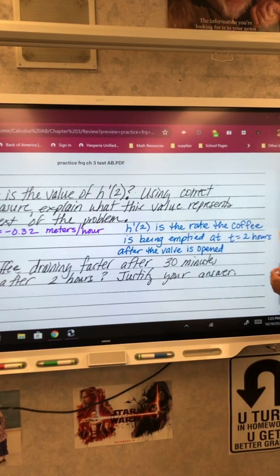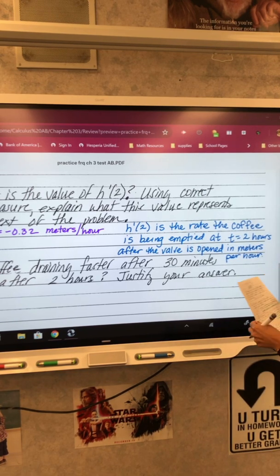After the valve is opened and it's in meters per hour. Okay. Actually, let's also mention what that rate is.